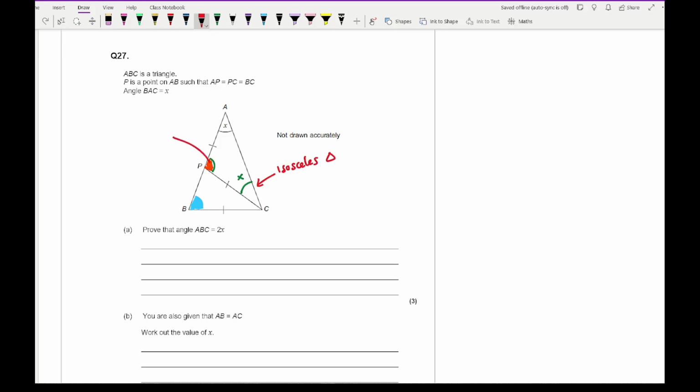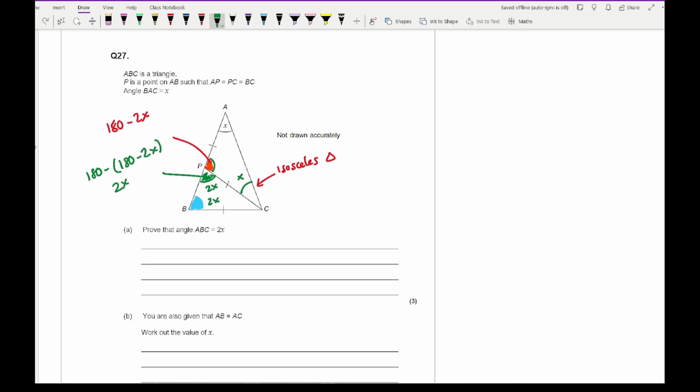This angle here, therefore, is going to be 180 minus 2x. This angle here is therefore going to be 180 minus 180 minus 2x, which then leaves me with just 2x. So therefore B must equal 2x.